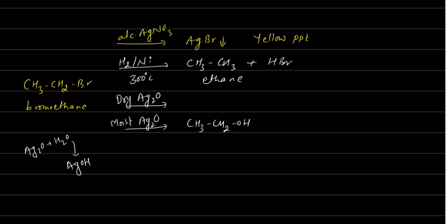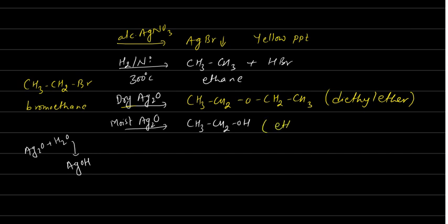But when reacted with dry Ag2O, it gives an ether, CH3CH2OCH2CH3. We use 2 moles of bromoethane with dry Ag2O, and the product formed is an ether, diethyl ether, or IUPAC name ethoxyethane. And this is ethanol or ethyl alcohol.